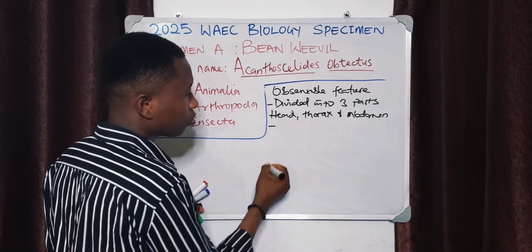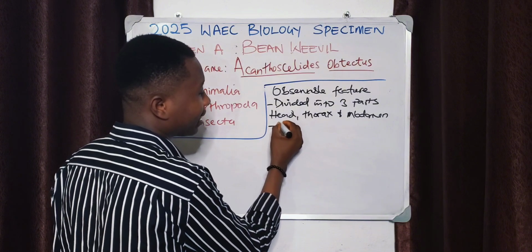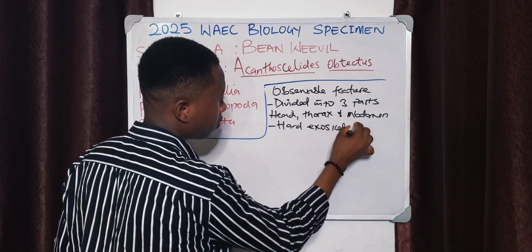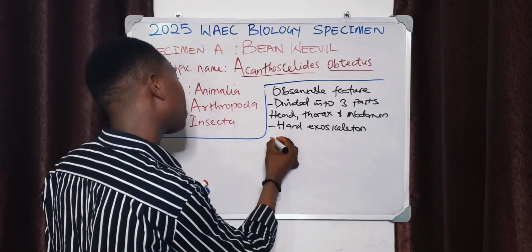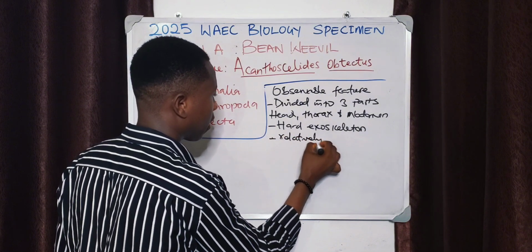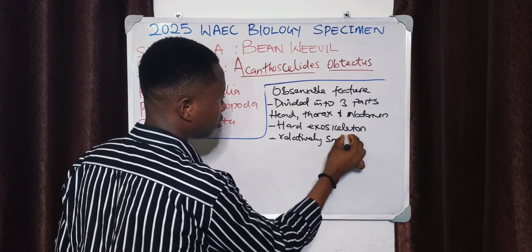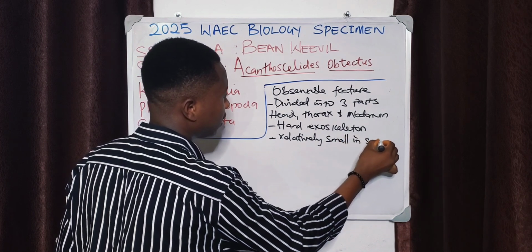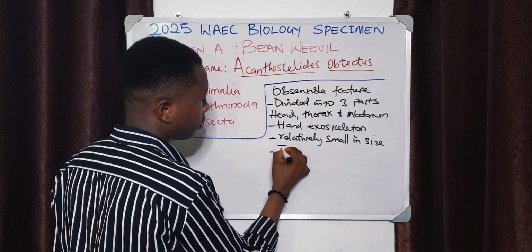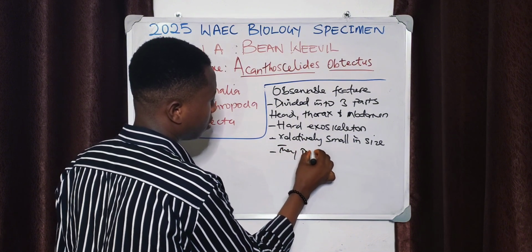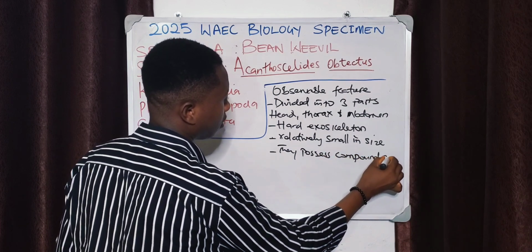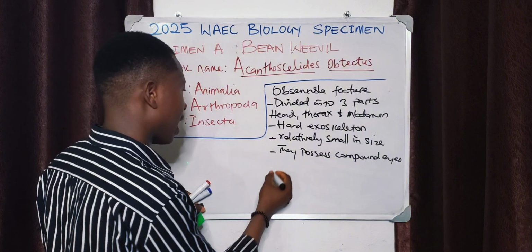Now, secondly, they have a hard exoskeleton. They are relatively small in size. They possess compound eyes.